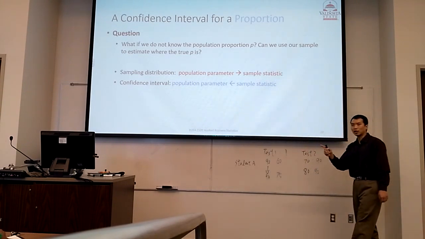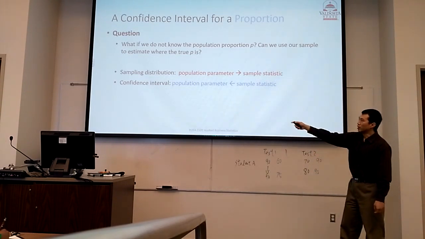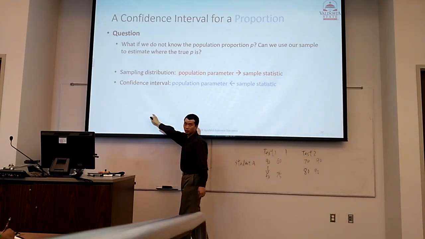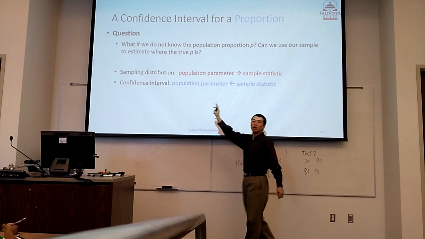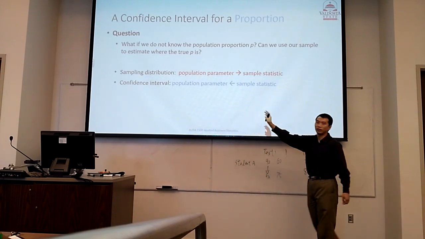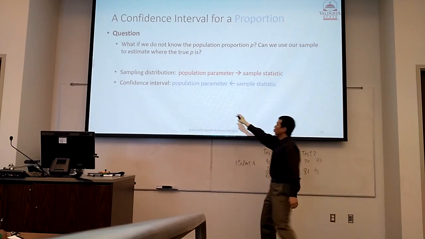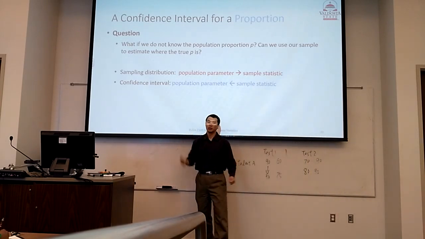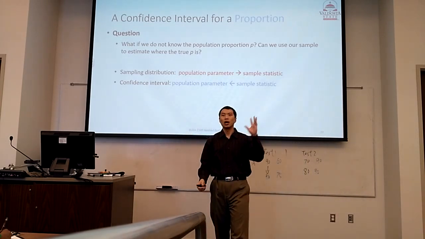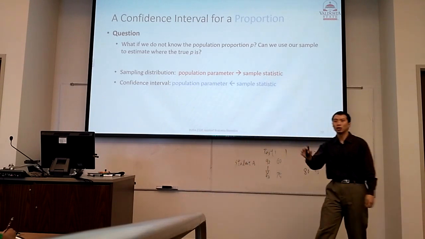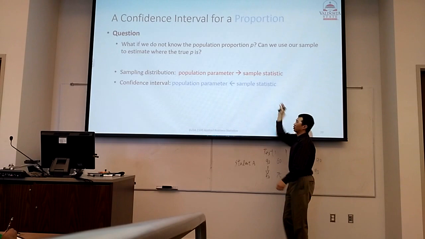The next concept we are going to discuss is the opposite. We want to study the confidence interval, so we will discuss what the concept of the confidence interval is. But the logic is that we do not know the population parameter. What we have is the sample statistic.